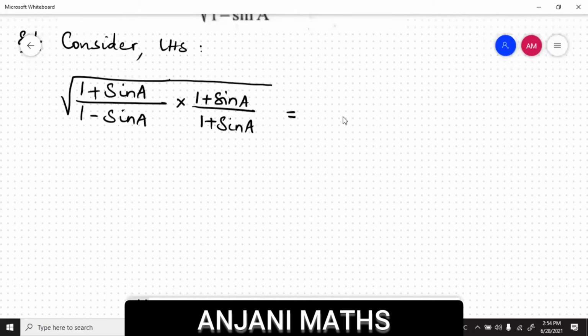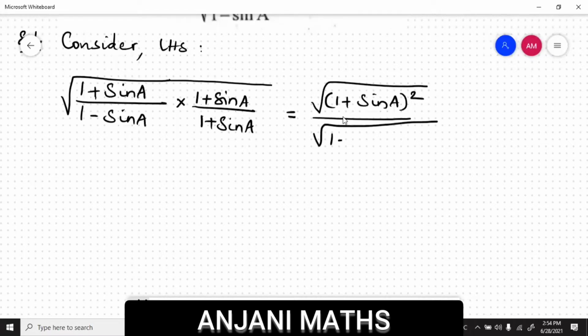So we have (1 plus sin A) whole square under root divided by square root of (1 minus sin A) into (1 plus sin A).